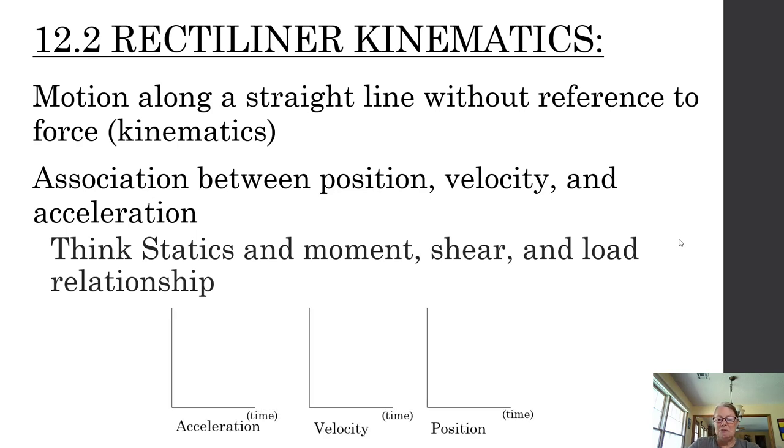And me, with my strengths background, I like to think about it as the same relationship that we have with forces, shear, and moment. If we integrate the force, we get our shear diagram. If we integrate the shear diagram, that's finding the area under the curve to develop that moment diagram. It's the same thing here. If we look at acceleration, velocity, and position, you can see that just like force, shear, and moment, they increase in order of curve.